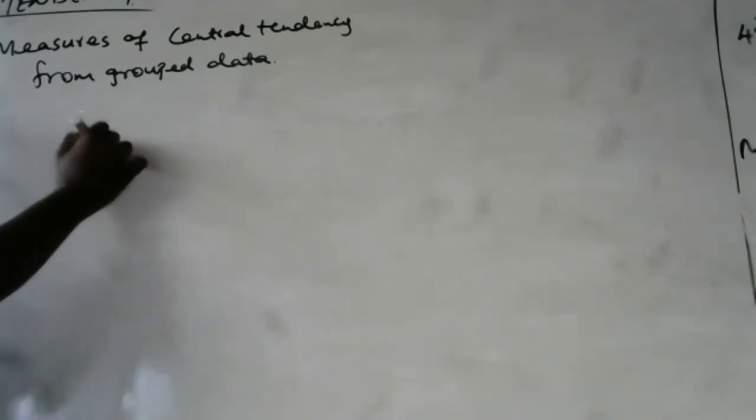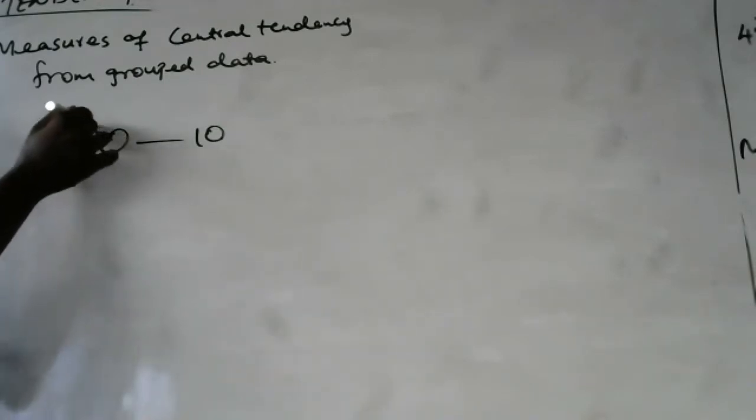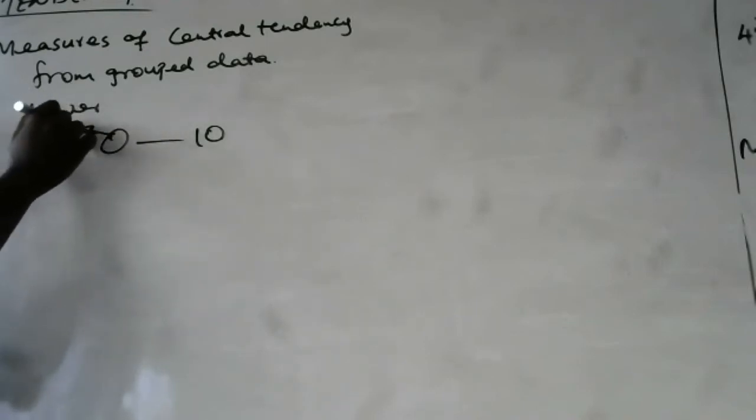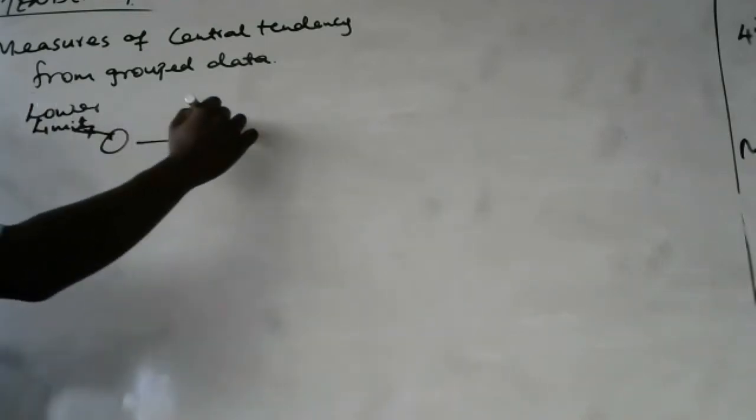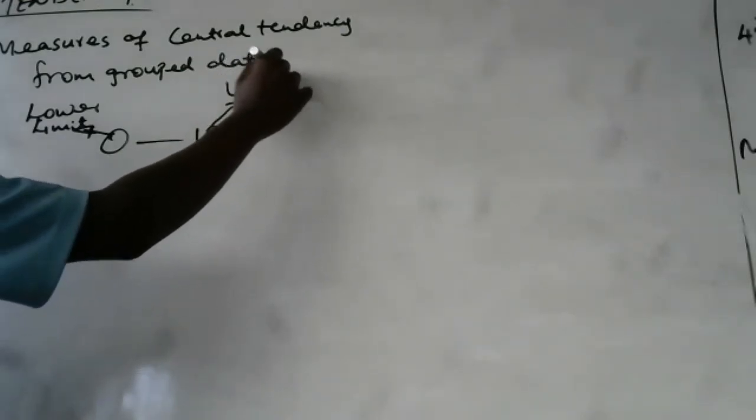We have the classes, like for example the class of 0 to 10. When we have it like that, the value on this side we normally refer to as the lower limit, whereas the other value on the right we normally call the upper limit.